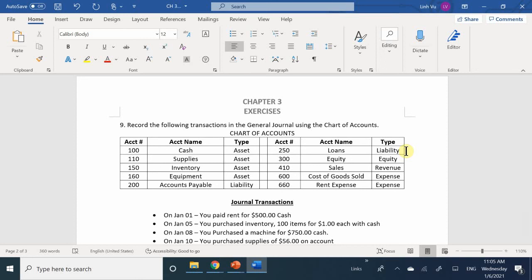A rent expense. What other account did I use? Cash. Now we're on step number 5, using the debit and credit system. If I paid for rent, how am I going to organize my debits and credits?